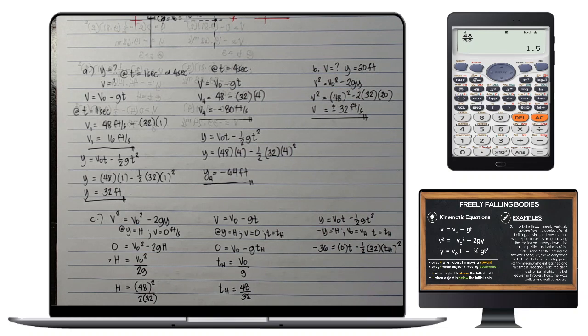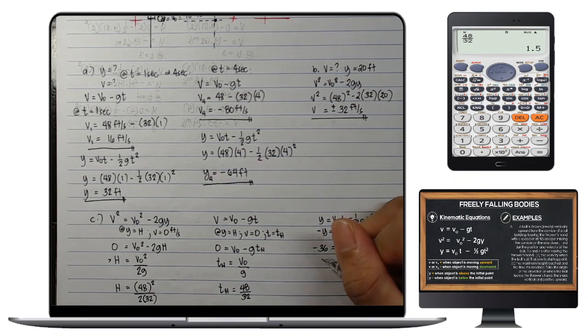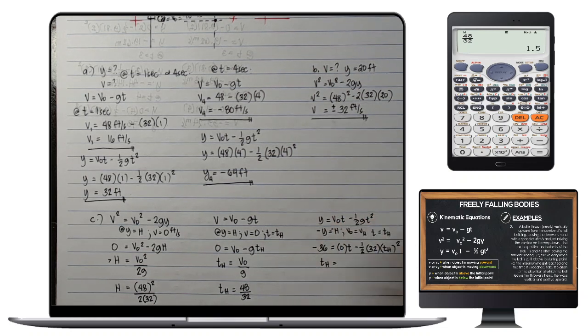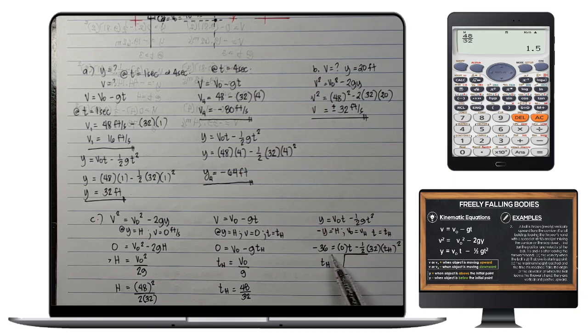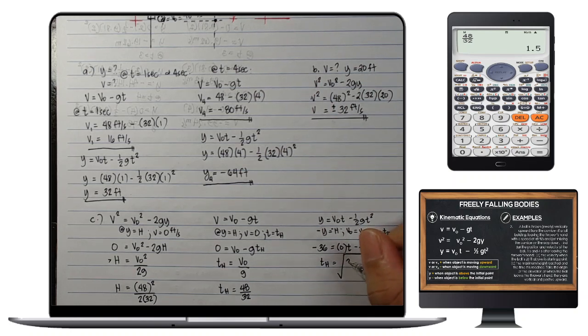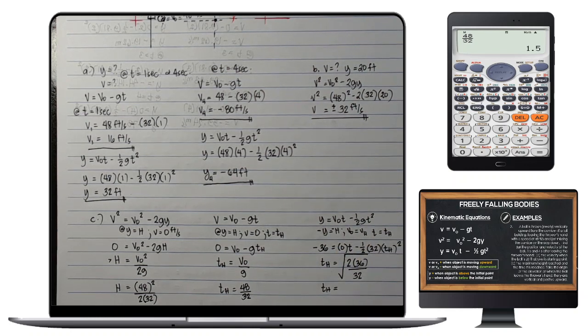So, from this equation, makukuha natin si T sub h. So, T sub h natin, that is simply square root of 2. Okay, tanggal na yung negative sign, that is 2 times 36 divided by 32. Then, just take the square root.